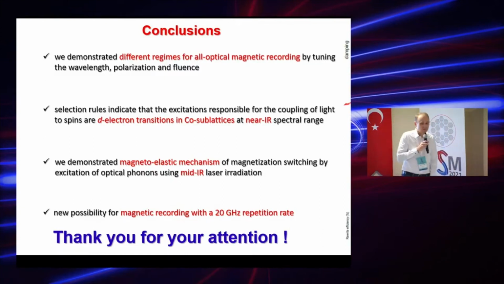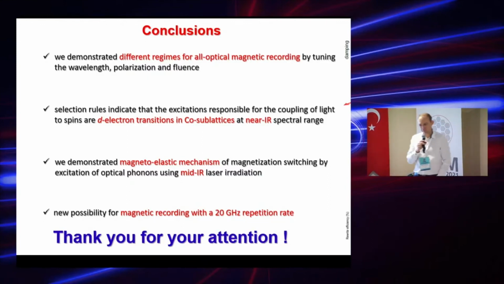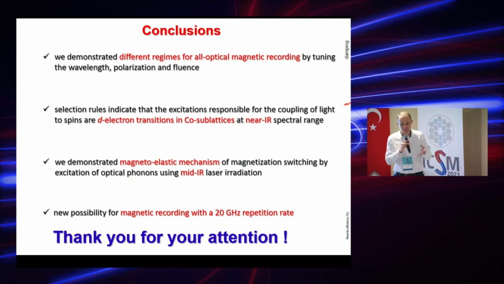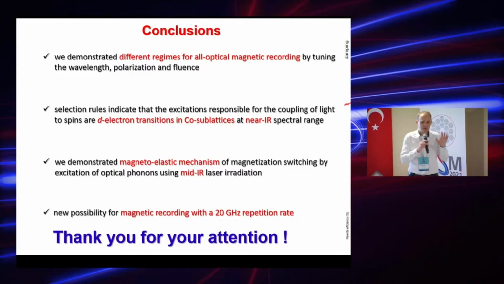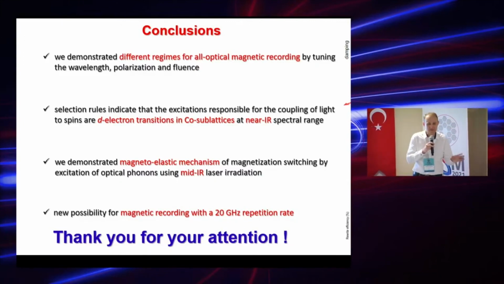So, regarding the nature of the photoinduced anisotropy, we have the contribution of the magnetic cobalt ion in magnetic anisotropy. In this case, we have two sublattices and two valence states.